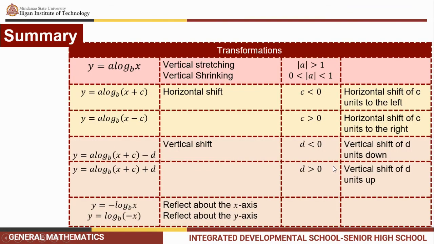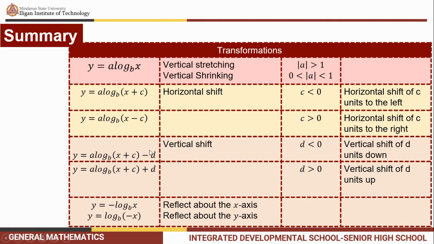So, for our summary, we need to remember na kapag ang a natin ay greater than 1, there would be vertical stretching. Kapag ang a is between 0 and 1, you'll have vertical shrinking. So, pag dito naman ay plus c, you'll have here c units to the left. Kapag minus c, you'll have here horizontal shift of c units to the right. And you'll have this form.